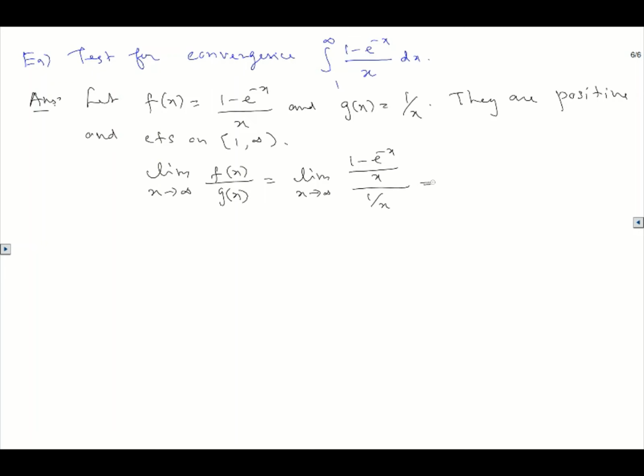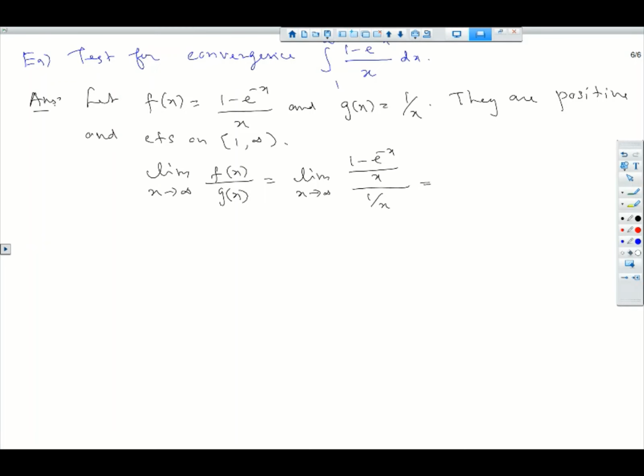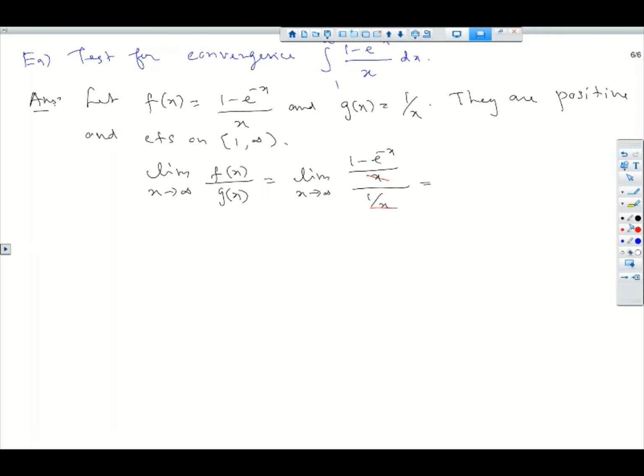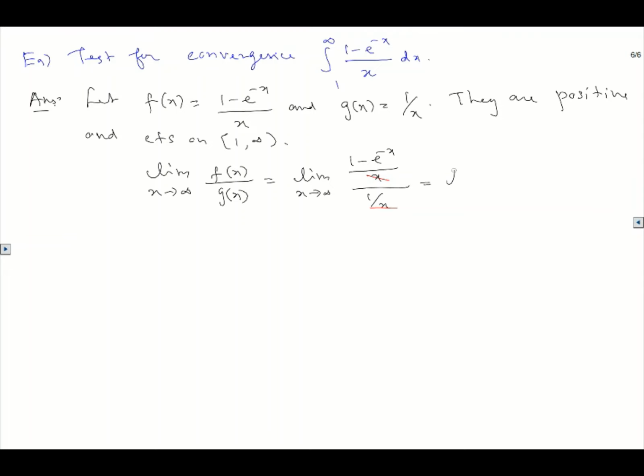You can see that the 1 over x gets cancelled because they are both in the bottom. You can simplify the bottom and top separately, so that's a valid argument. So you can see that this is the limit as x goes to infinity, once x gets cancelled, you simply get 1 minus e to the minus x.